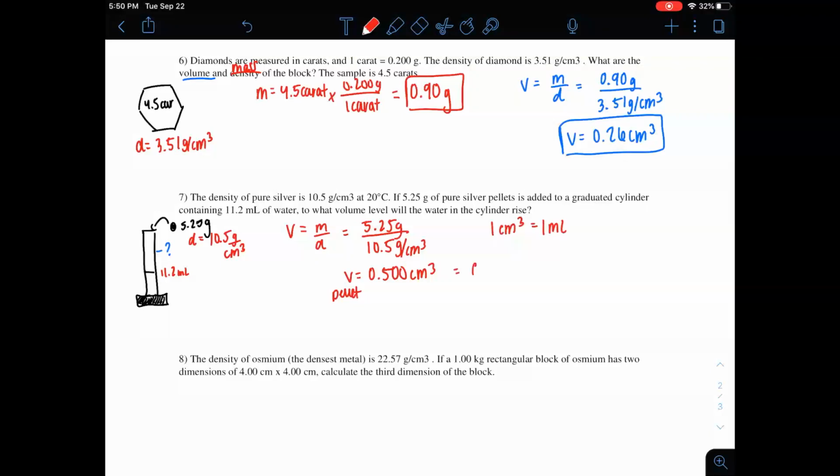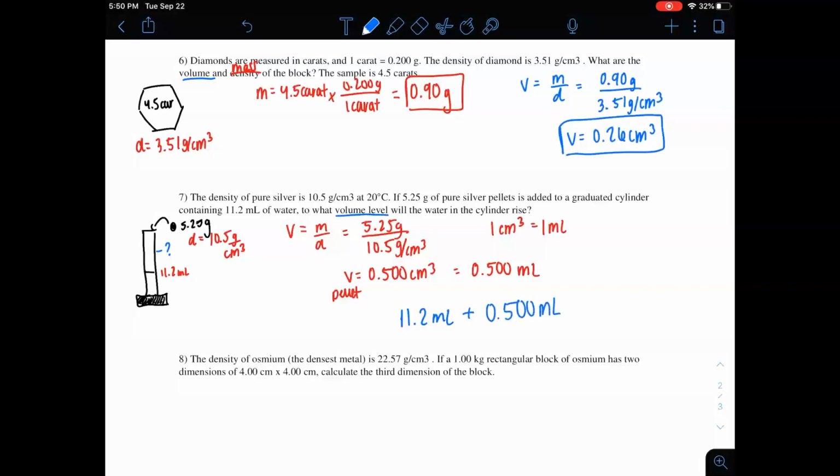So this pellet is going to cause a change of about half of a mL. So in order to answer this question, we take our original volume of 11.2 milliliters and add our half a mL to figure out what the final volume level will be.